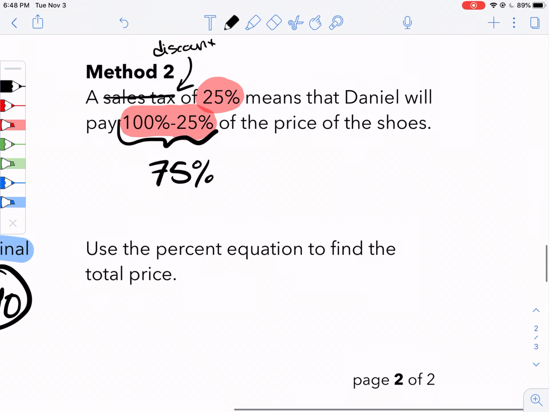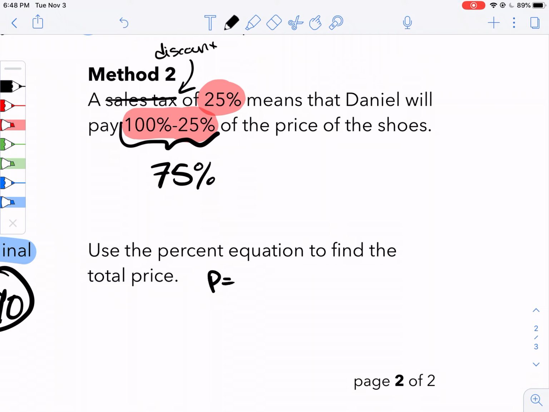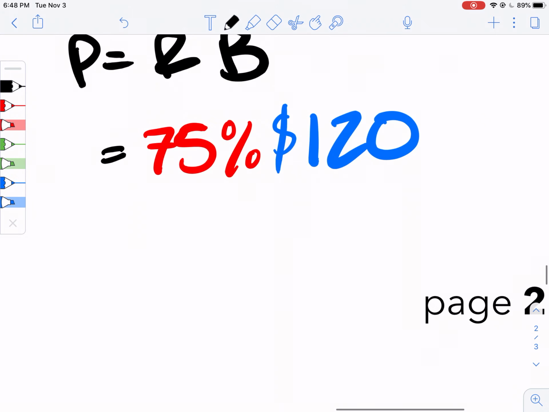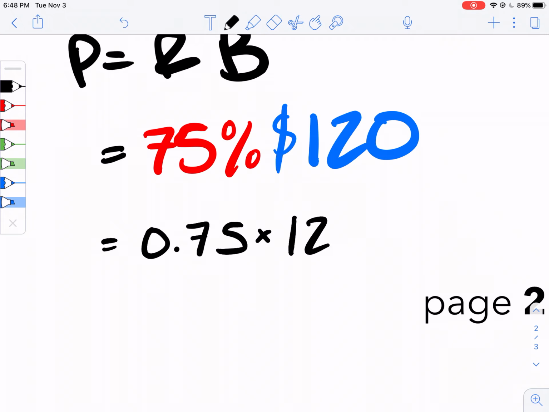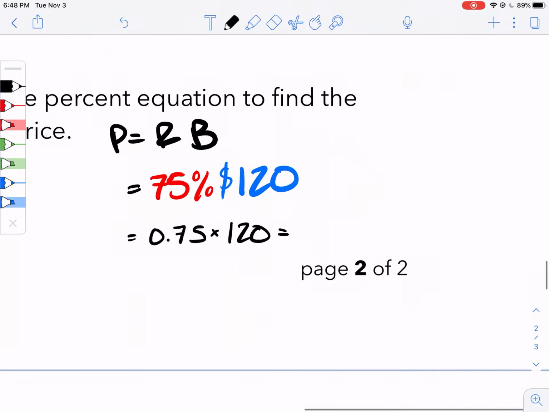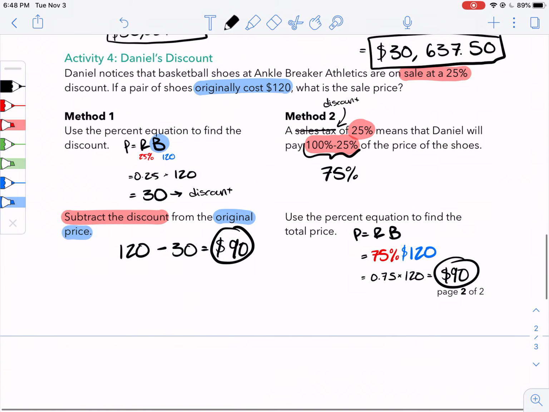So what is 75% of $120? We just multiply that across. That's the same thing as 0.75 times 120, which, you guessed it, is $90. So either way, our friend Daniel is paying $90 for these shoes.